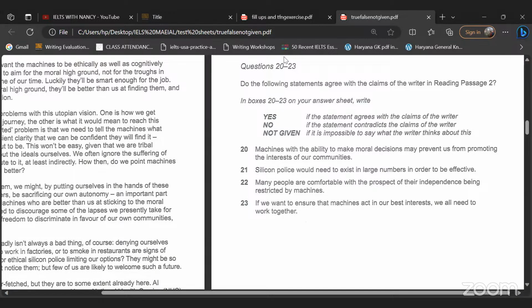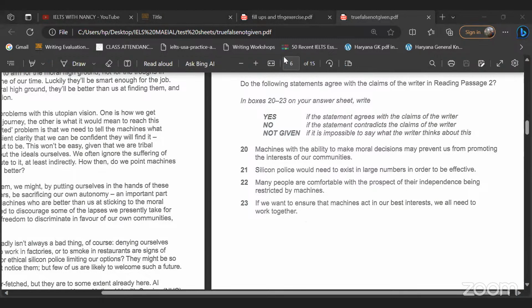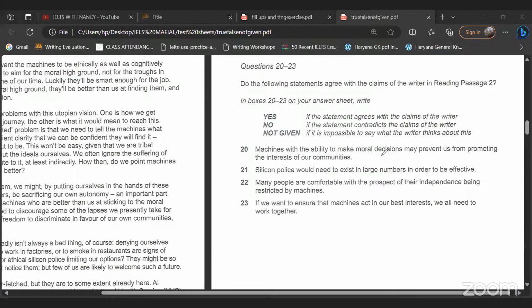If you read out the first question, machines with the ability to make moral decisions may prevent us from promoting the interest of our communities. They're talking about machines, ability to make moral decision, preventing us from promoting interest of our communities.